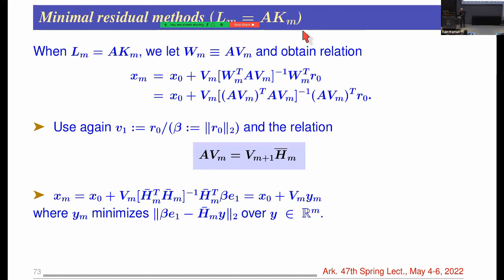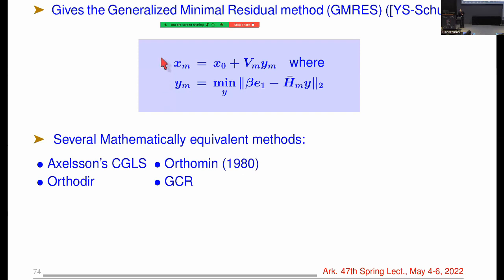So we're now minimizing the residual, and you use this relation that I talked about. You minimize the residual, therefore you minimize this. Then you can easily see the solution that you get from here. So xm is x0 plus Vm times ym, linear combinations of the previous Vi's, and you minimize this to get the ym. And this is GMRES, and there are other methods that are mathematically equivalent.